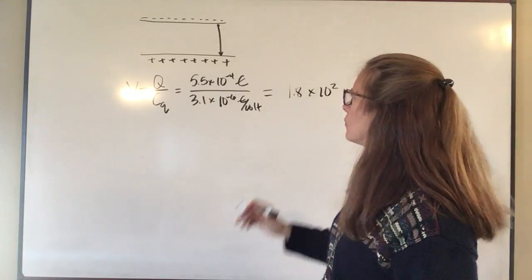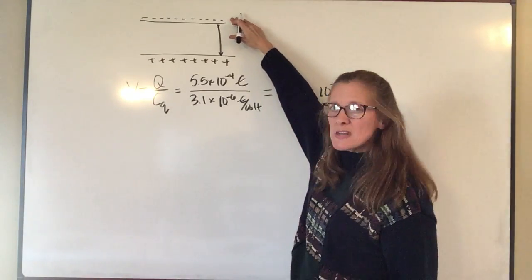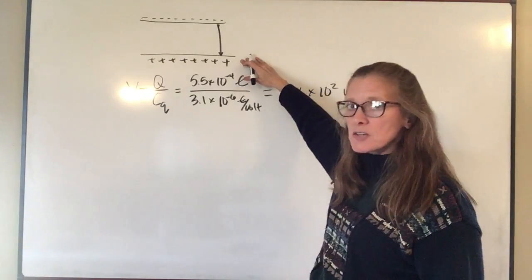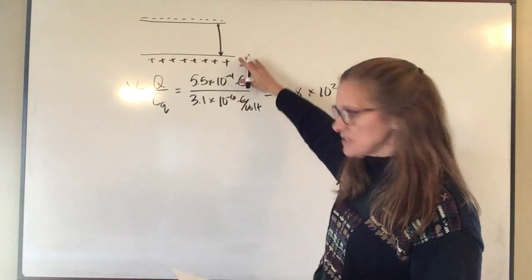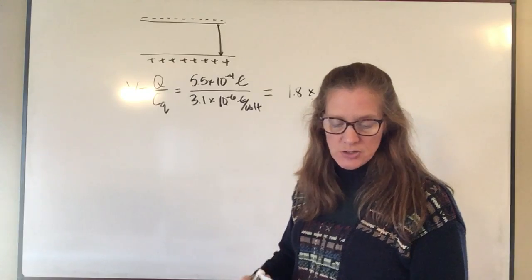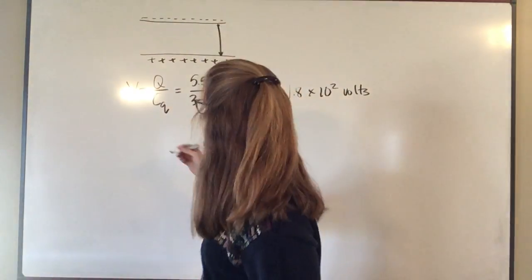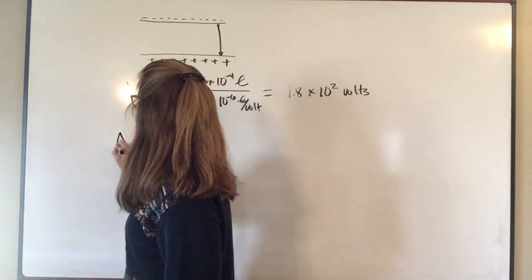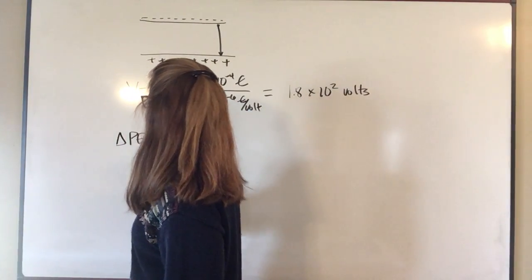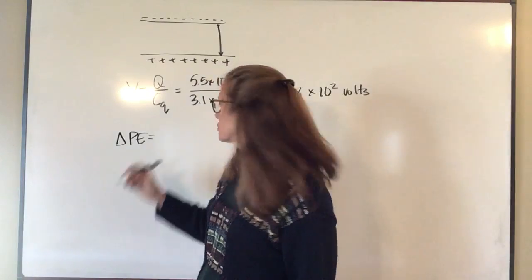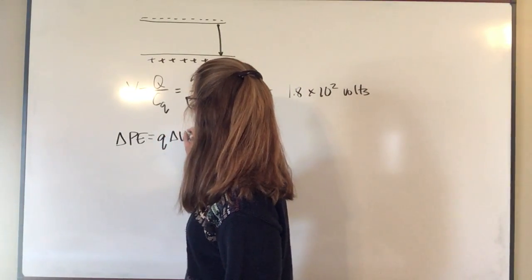Okay, now which direction is it going? Well, it's going from the negative plate to the positive plate, and so that's a positive change, and so therefore that delta V is going to have a positive number on it. Once I know the V, I can then calculate the potential energy that that particle is going to experience using this equation.